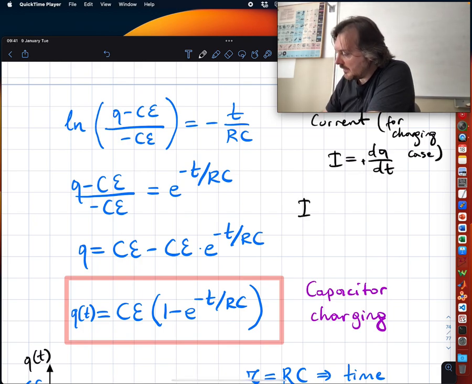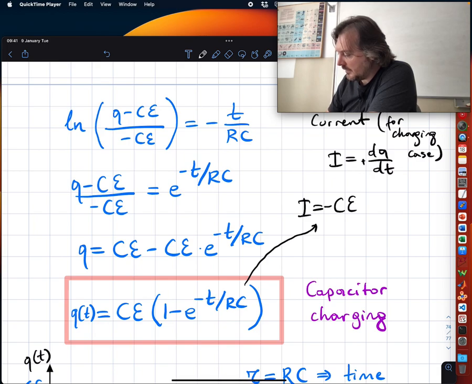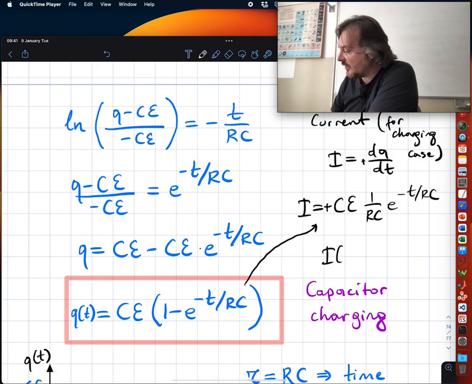So I is dq over dt, and we can take the dq over dt from here. So I have C times E, and then I have negative, negative again. So I have minus CE, but it becomes plus CE, 1 over RC, e to the minus t over RC. Turns out that for charging and for discharging, the formula for current is the same.